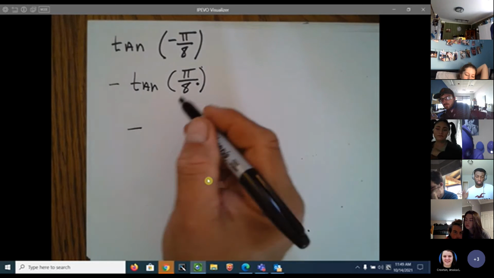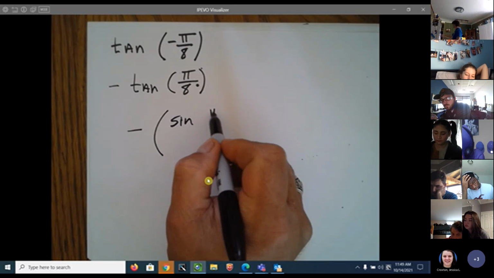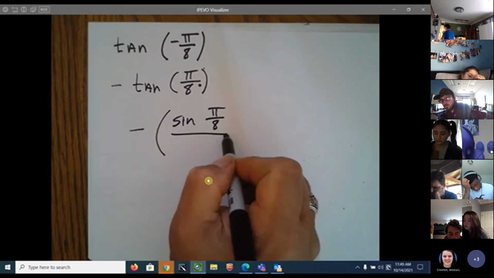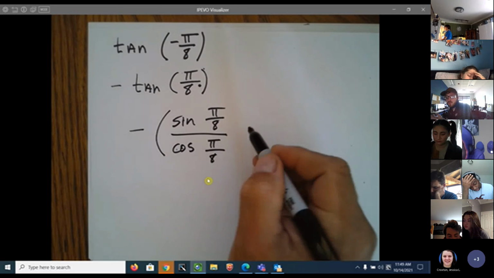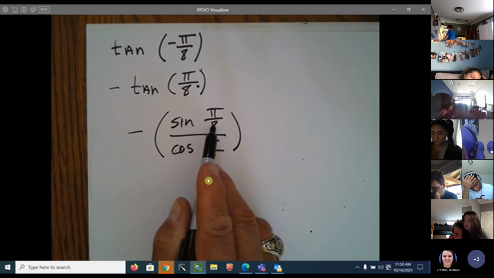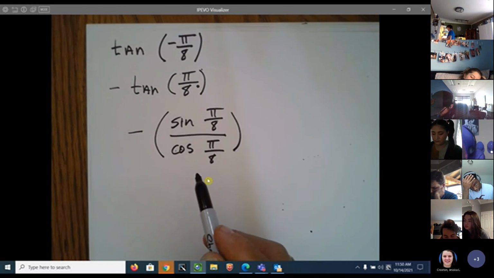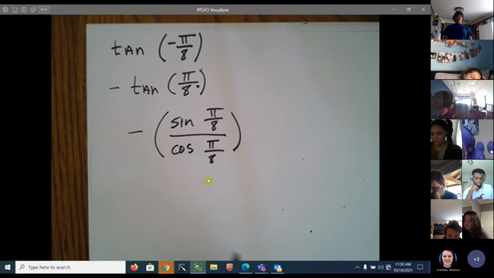So that's going to be negative parentheses sine of pi over 8 over cosine of pi over 8. And now you've got the half angles. So go ahead and work the half angles out there.